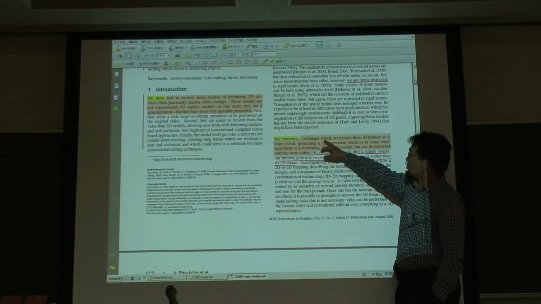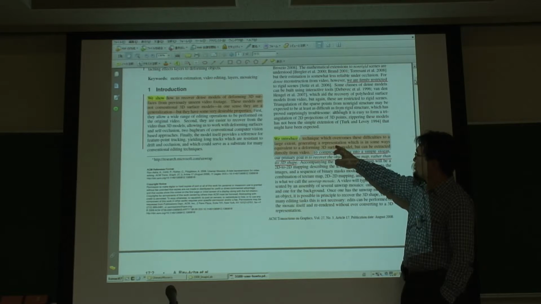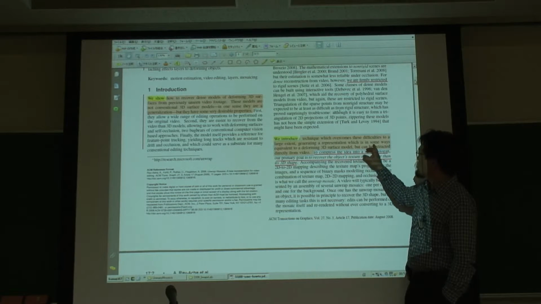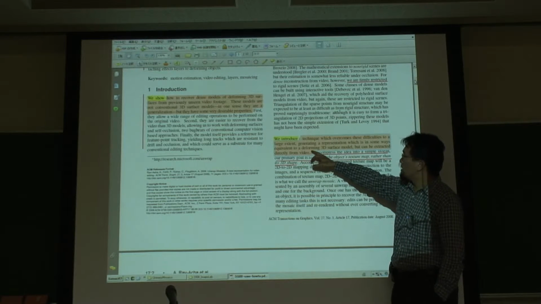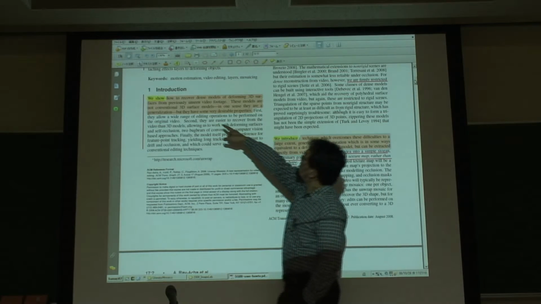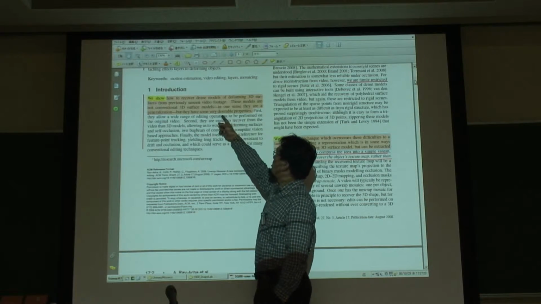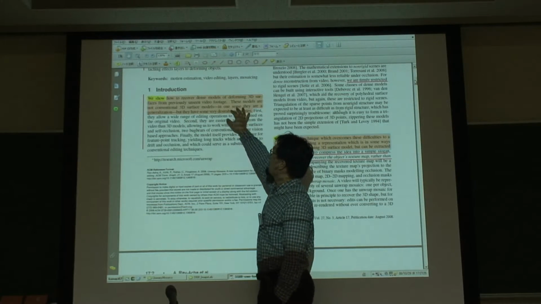"We introduce a technique which overcomes these difficulties to a large extent, generating a representation which is in some ways equivalent to a deforming 3D surface model." This is a contradictory part between this one and this one.